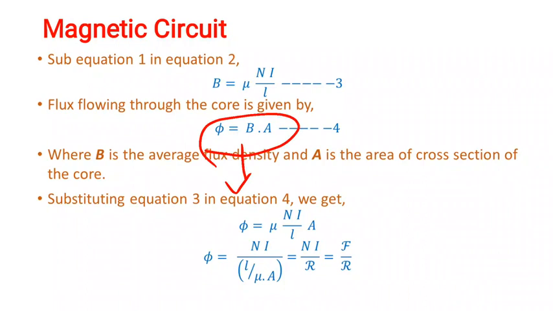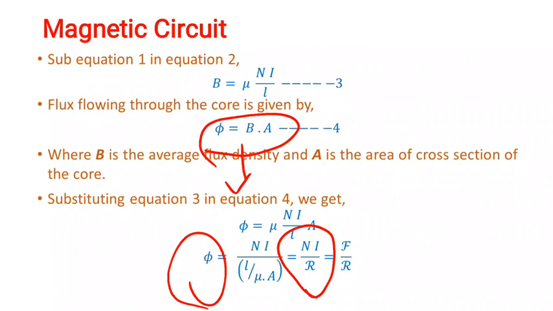On substituting that, we get the flux value phi is equal to Ni by R. R is your reluctance. Reluctance is like resistance in an electrical circuit, which opposes the flow of electrical current.